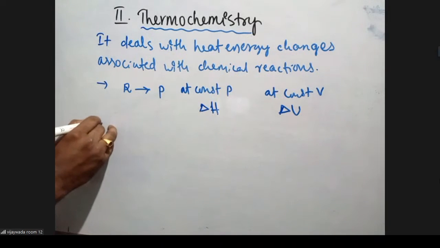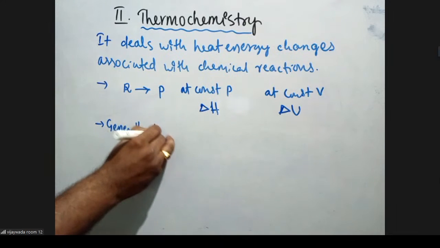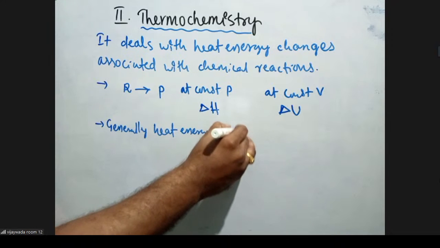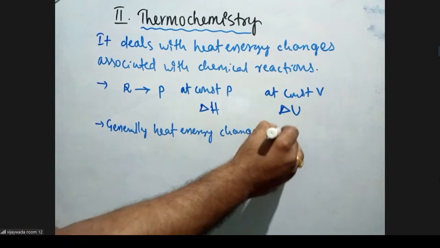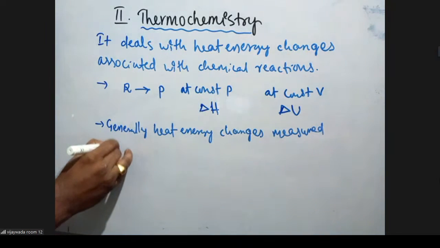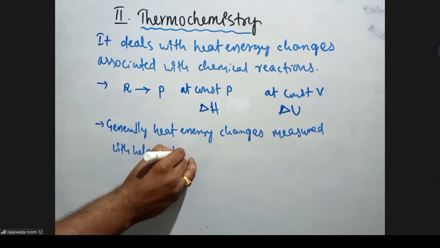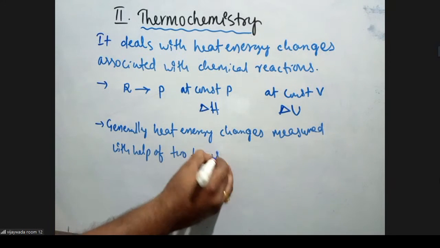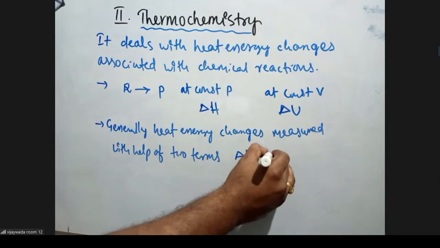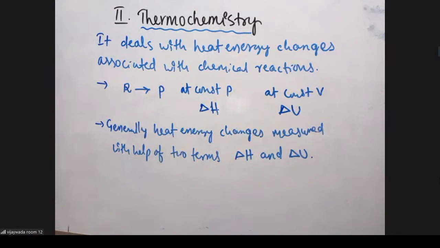So students, here in chemical reactions, generally heat energy changes measured with help of two terms, only two terms. One is delta H, another one is delta U. Internal energy, enthalpy.